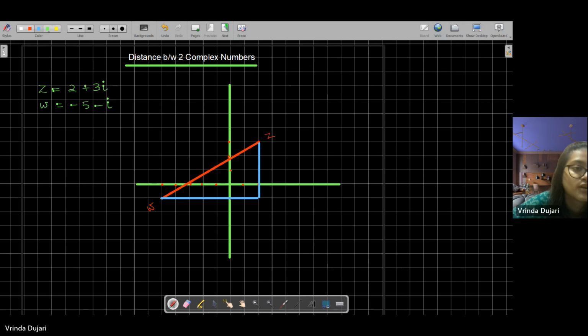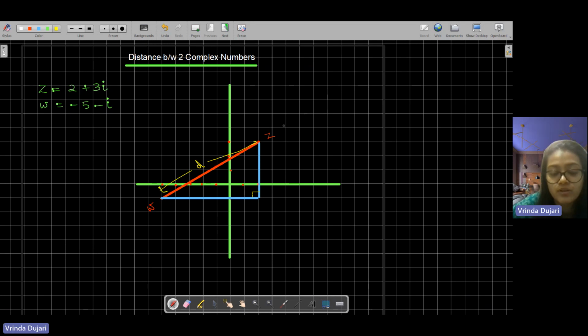If we see, this is a right triangle and we are interested in finding out this distance. Let's say this distance is D.